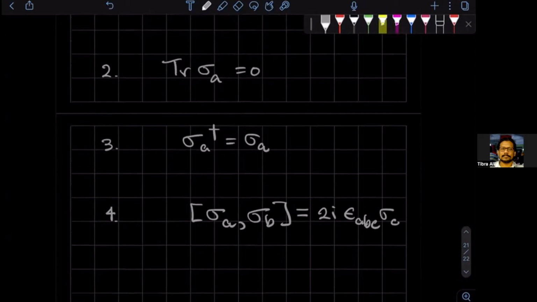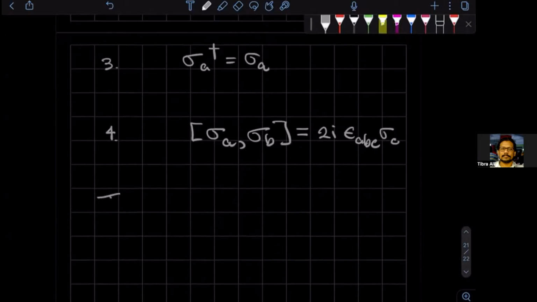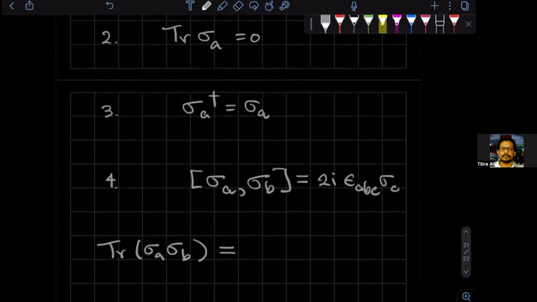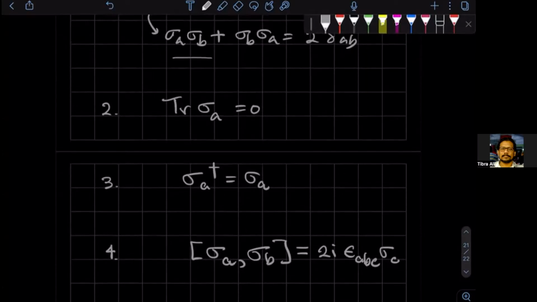Okay. So from here we can find what the trace of two Pauli matrices is. Okay, so we can use, say, this relationship.